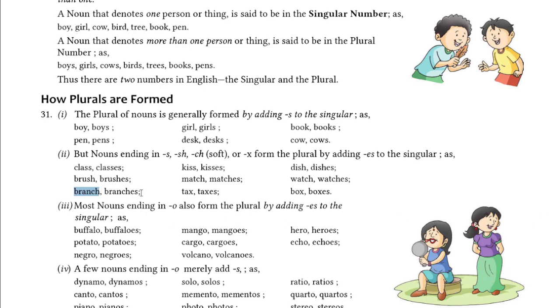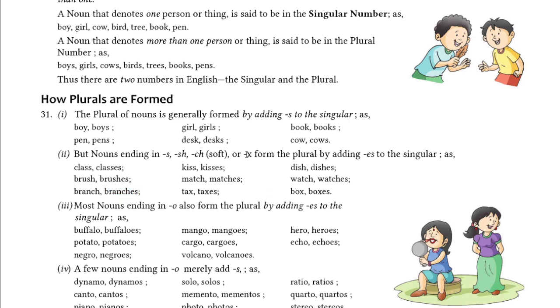Branch will change into branches. And match also ends in ch and ends in a ch sound. So we would simply add es to form its plural, matches. Watch ends in ch and a ch sound. It would take es at the end of it to form its plural, watches. Similarly, branch ends in ch. We would make its plural, branches, by adding es.